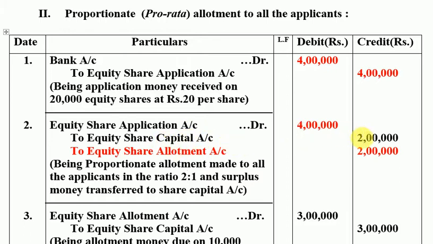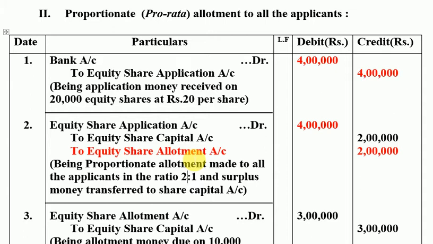In this 2 lakh here, your 1000 is on 50 shares, and for the remaining 50 shares, 20 rupees each, that is 1000, is transferred to the next immediate installment, which is equity share allotment. In the previous case it was refunded, but in proportionate allotment no money is refunded.